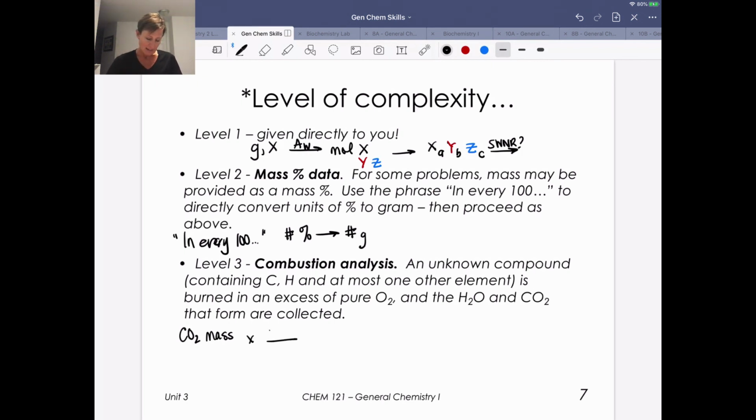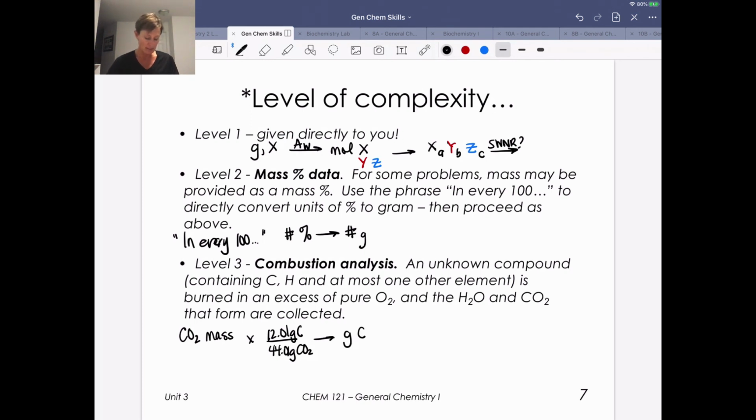Carbon dioxide is 12 grams of carbon in 44 grams of carbon dioxide. So this is one of those ratios that tells us if I have carbon dioxide, I can take the molecular weight of carbon dioxide, which is 44.01 grams, and I know the molecular weight of carbon is the amount of carbon that's in there. So this is essentially our unit conversion that converts mass of carbon dioxide into grams of carbon.